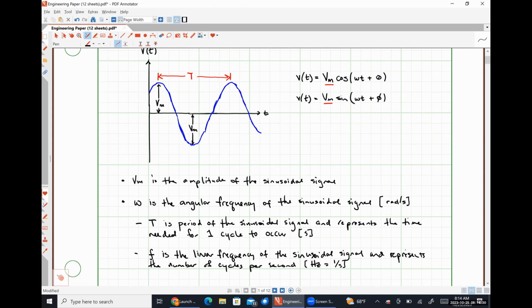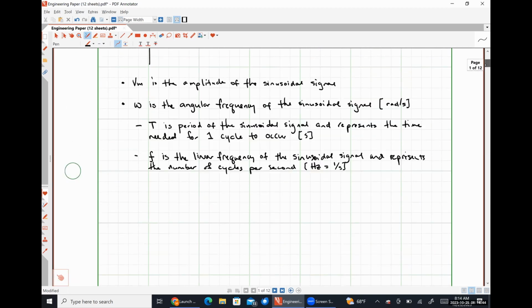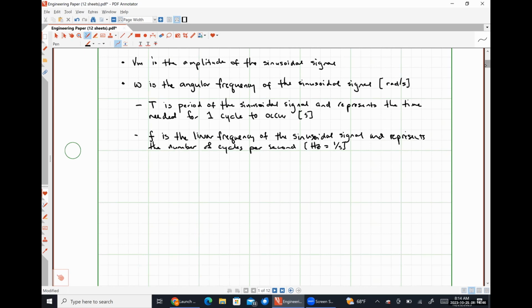So cycles per second is F. Seconds per cycle is capital T. So we can say that T is equal to 1/f.